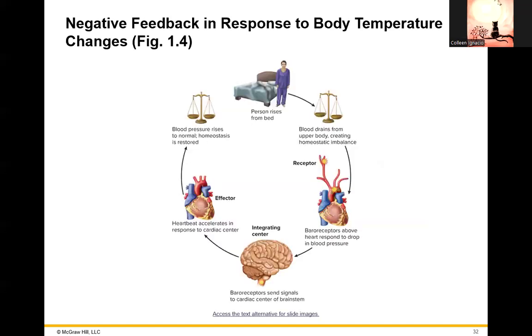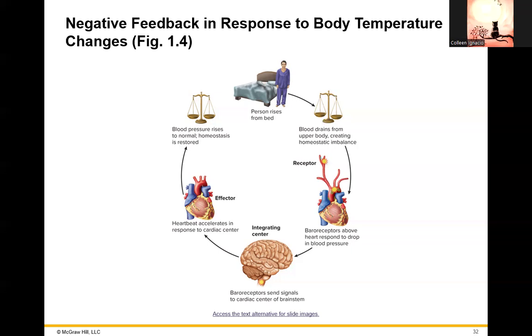So here's a great picture, and we see the person rising from the bed, blood drains from their upper body, and then they have a homeostatic imbalance. Okay, so there's not homeostasis. So these receptors, baroreceptors above the heart, respond to the drop in blood pressure.